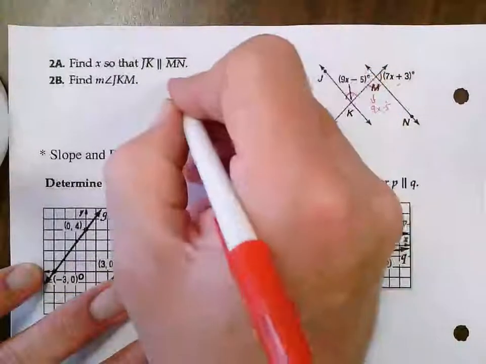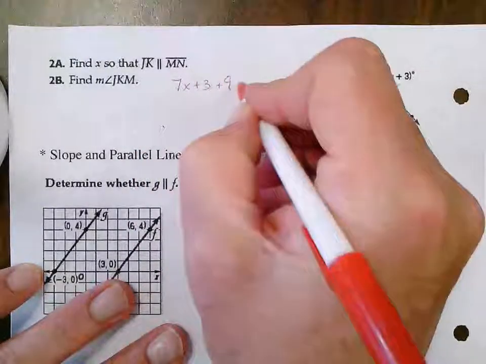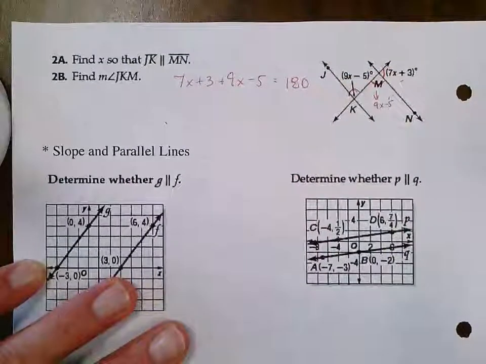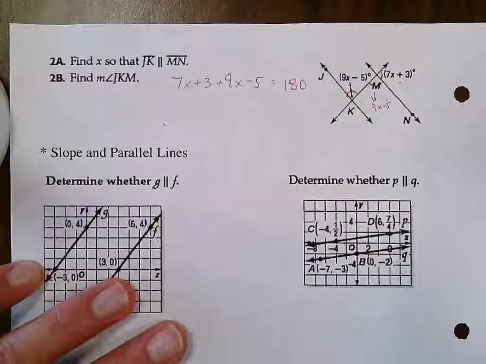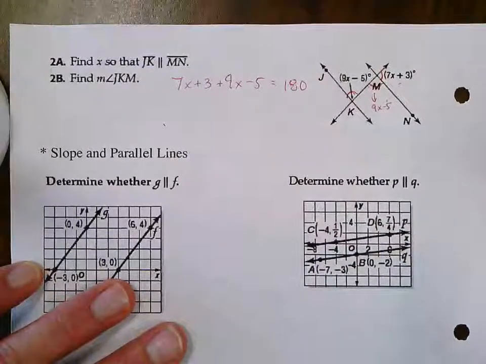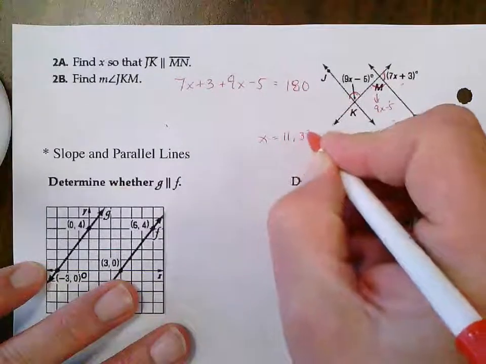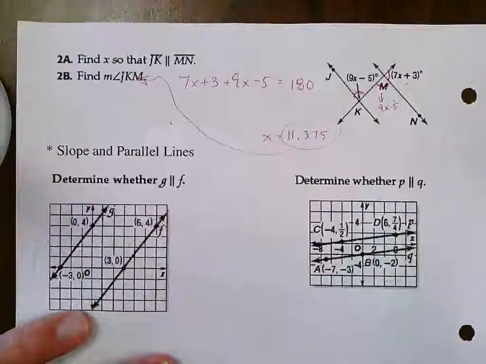So there's your setup: 7x plus 3 plus 9x minus 5 has to equal 180 degrees. I can tell you right now, when you solve for x, you're going to get a yucky answer. That's like a decimal, 11 point something. So when you do all your work, x equals 11.375, and then you would just put that back in to figure out what JKM is.